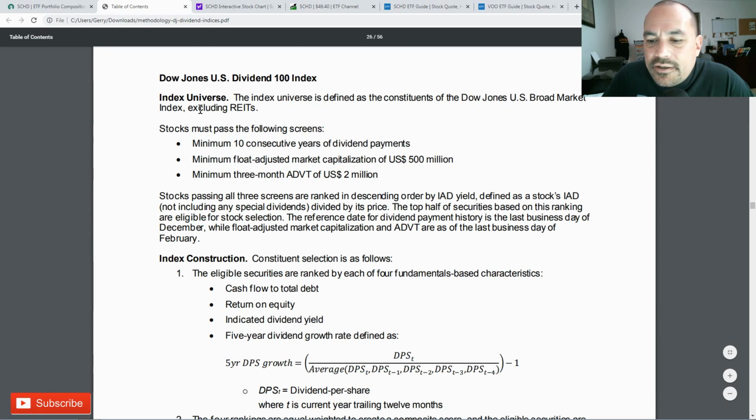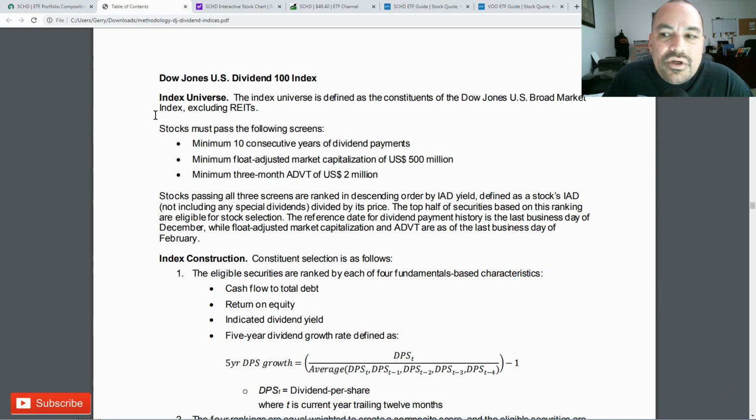And I really like the rules that they set up here for the Dividend 100 as opposed to something like SPHD, where they really weight heavily on the high dividend payers. Now, the Dow Jones US Dividend 100 Index, the universe is defined as the constituents of the Dow Jones US Broad Market Index, excluding REITs.